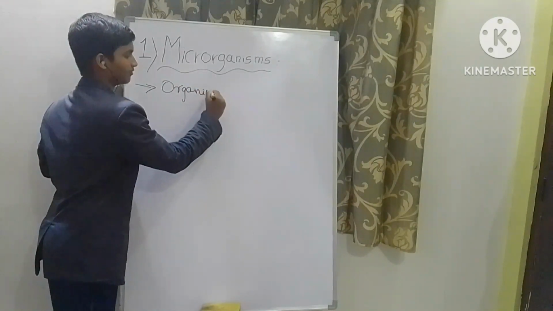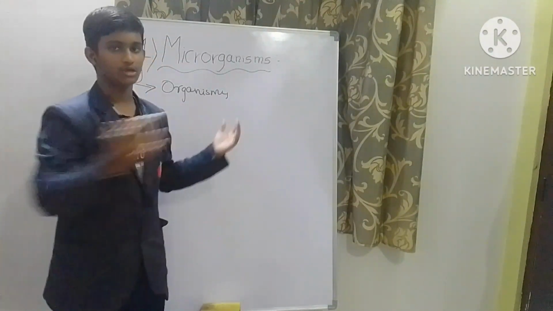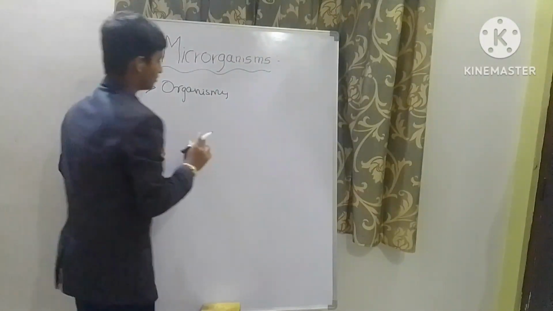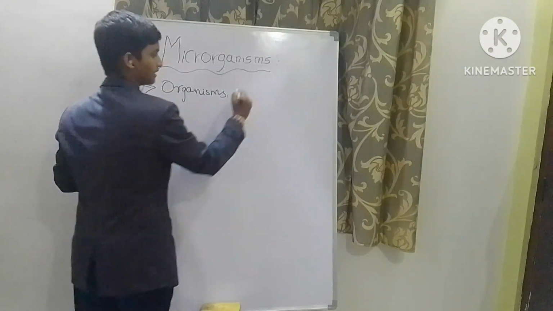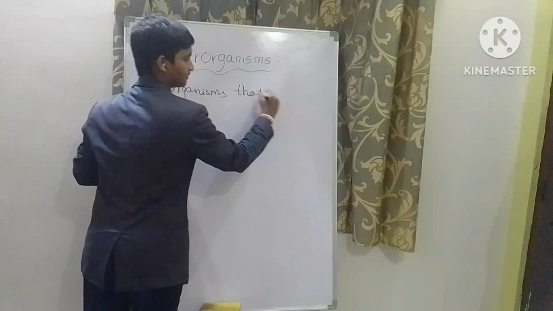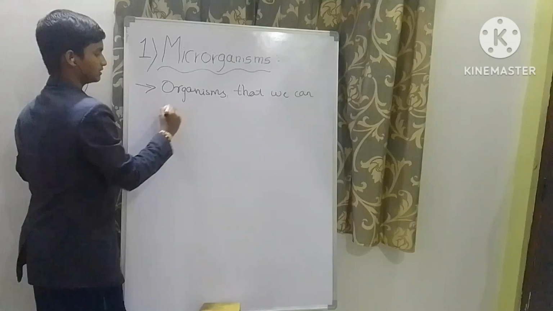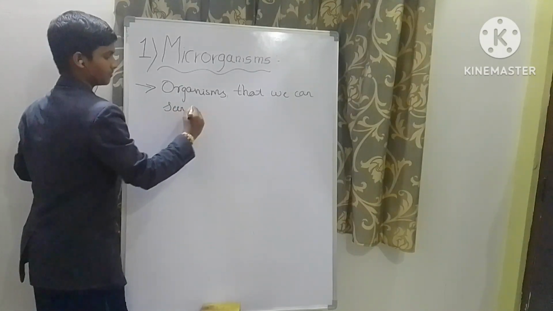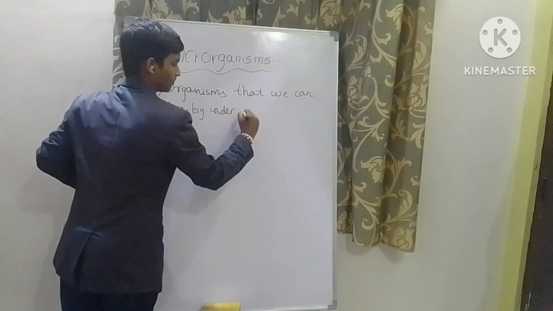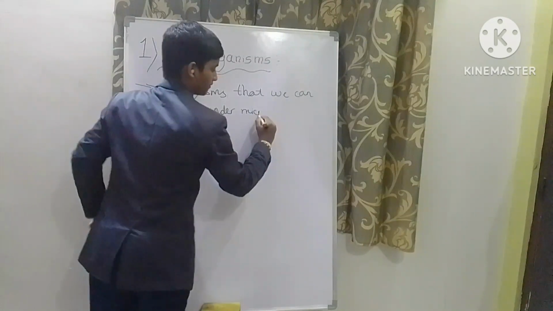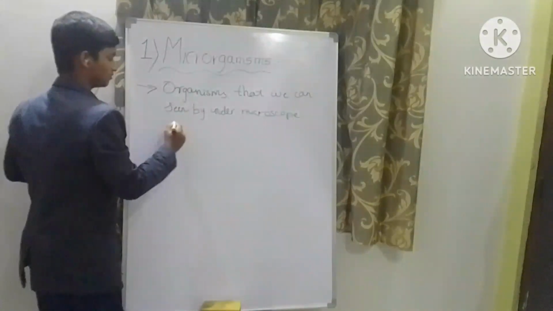Take one book and note all these points. These are very important points. Microorganisms are organisms that can be seen under a microscope only.